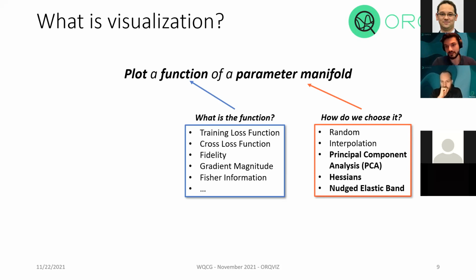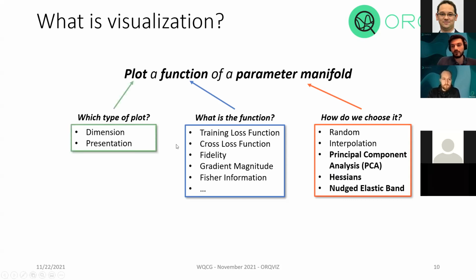Again, we'll see that in a minute. So these three points over here are the algorithmic part of ORQVIZ that help you be smart about what you visualize. All the rest is essentially helper functions, wrapper functions that make it super easy to visualize.